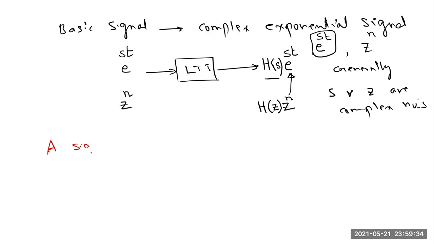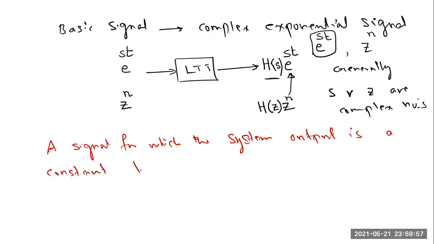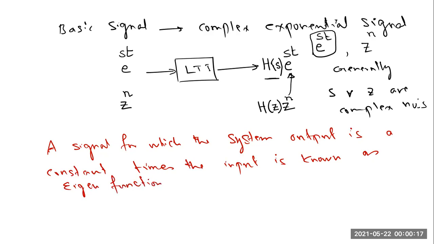Signal for which the system output is a constant times the input is known as eigenfunction of the system.